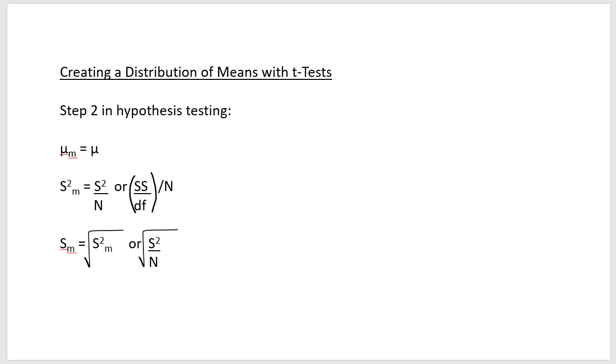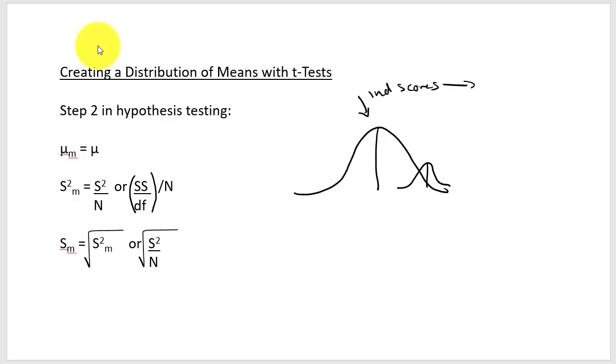And again, when we are comparing the mean of a population to the mean of a sample, we need to convert this population of individual scores to a distribution of means, a D of M. Okay?